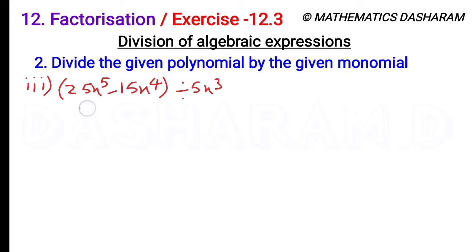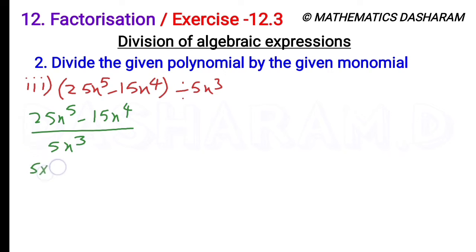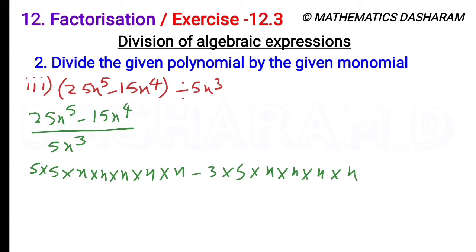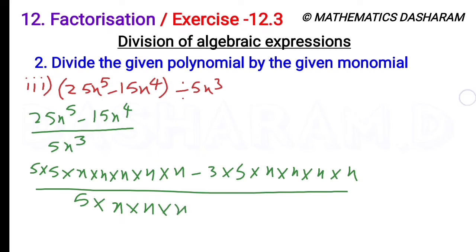Third question, 25x to the power of 5 minus 15x to the power of 4 divided by 5x cube. So 25x to the power of 5 means 5 into 5, x to the power of 5 is x into x into x into x into x, minus 15, which is 3 into 5, x to the power of 4 is x into x into x into x, divided by 5x cube, which is 5 into x into x into x.